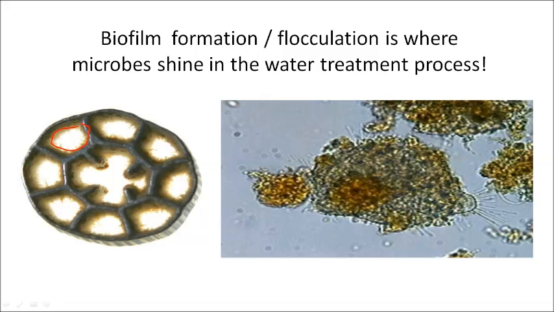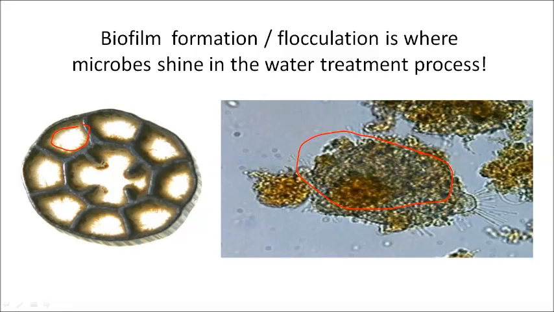They're either assimilated into the biofilm or assimilated into the flocs. And as that happens, the amount of available carbon that's present in the water, remember that the first goal of water treatment was to remove the amount of organic carbon in the water. As that organic material continues to be assimilated into these biofilms or into these flocs, the population of microbes decreases.